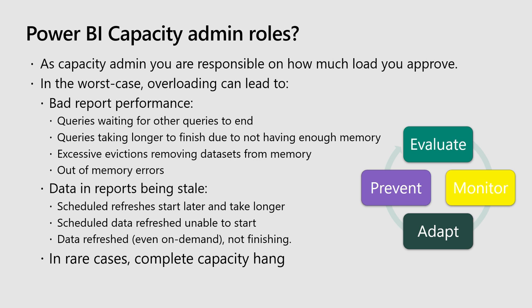So that is adapt in the circle, and eventually there's prevention, which is the tool set that you, the administrator, have, where you can set some settings on the premium capacity that will prevent certain phenomena from having too much of a serious effect. You can't prevent the content uploaders from uploading bad reports with bad expressions, but you can prevent the effects that these uploads may have on your capacity.